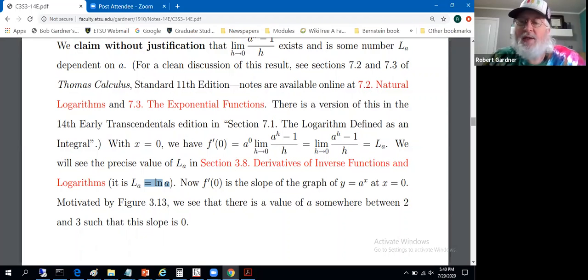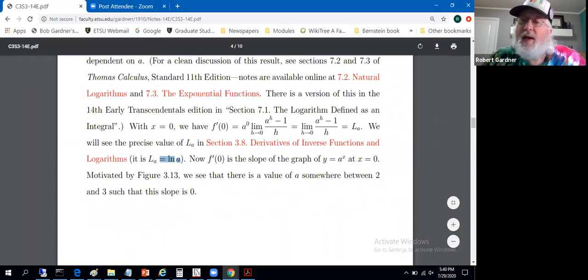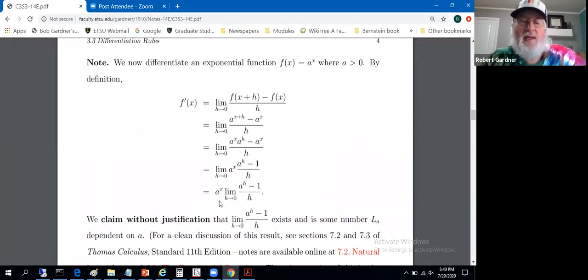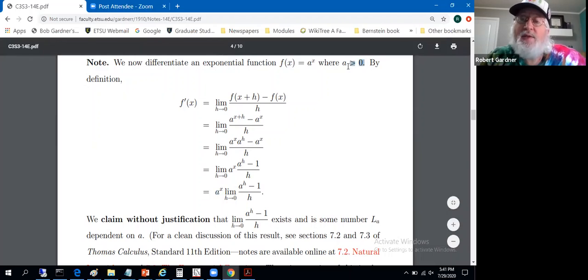We're going to make some speculation about its value as well. Up here we had f prime of x written as a to the x times what we're claiming is some number called L sub a. What if you plugged in 0 for x? Then we'd have f prime of 0 equals a to the 0. A to the 0 is 1, unless a is 0, and it isn't. In fact, a is positive.